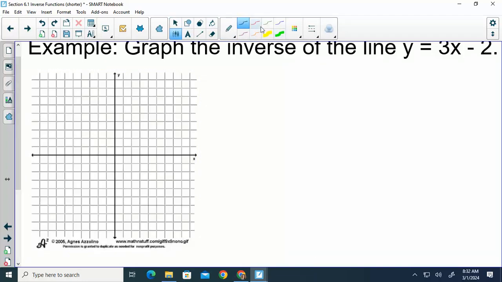3x minus 2. So y-intercept of negative 2. Slope of 3, so up 3 over 1. I can't draw a straight line, so I just have to put a bunch of points on here. So this is my original.